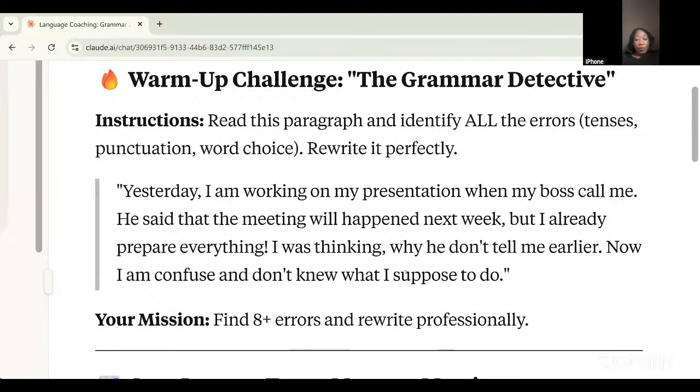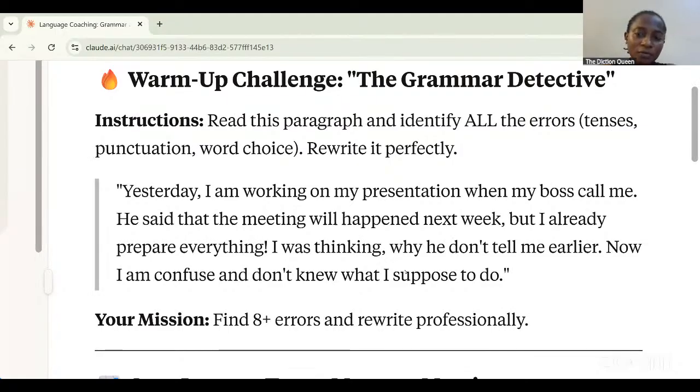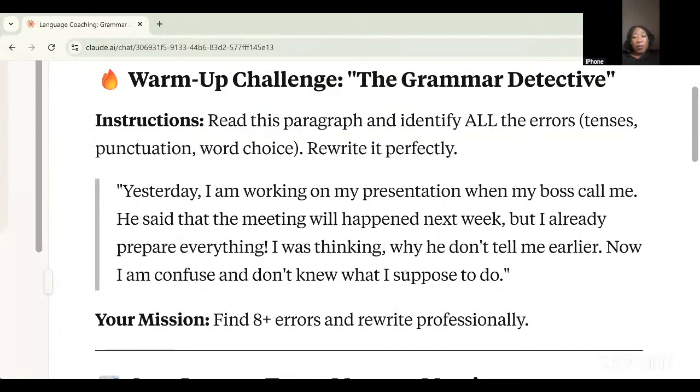As you read, identify the errors. It's a warm-up challenge: the grammar detective. Instructions: read this paragraph and identify all the errors, tenses, punctuations, word choice. Rewrite it perfectly.